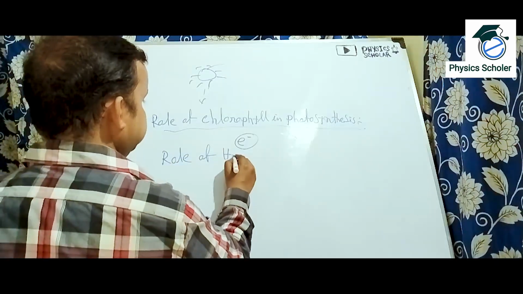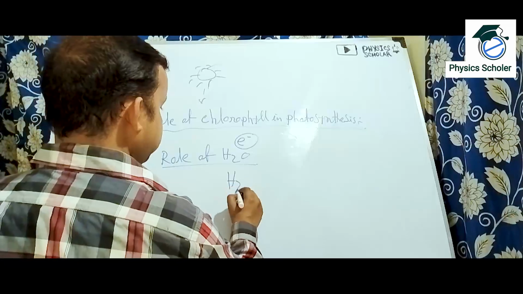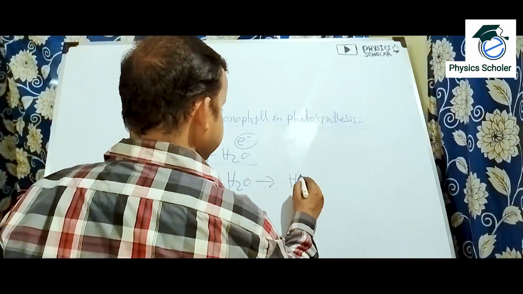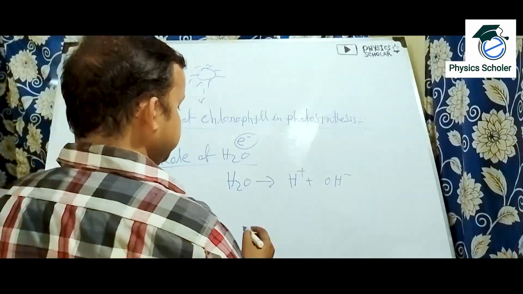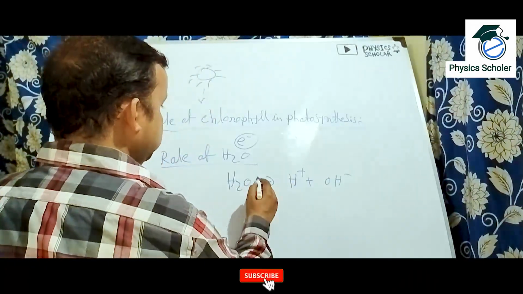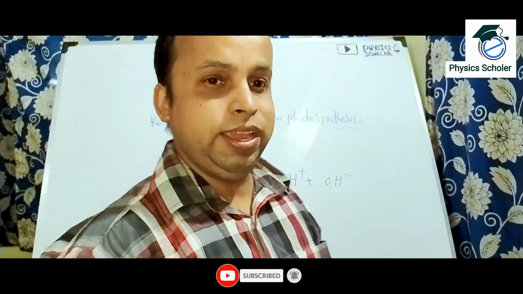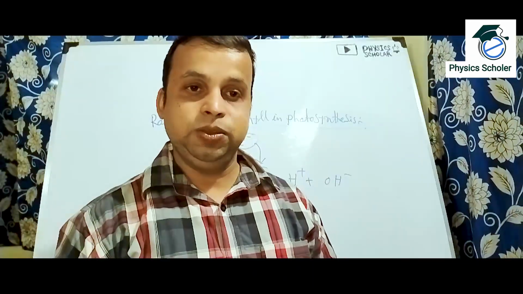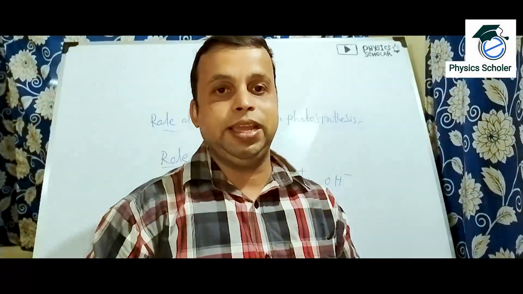Water will be split into H plus and OH minus ion. Who will give the energy? The energy emitted by the chlorophyll will give the energy to split the water molecules into H plus and OH minus ion. Clear?